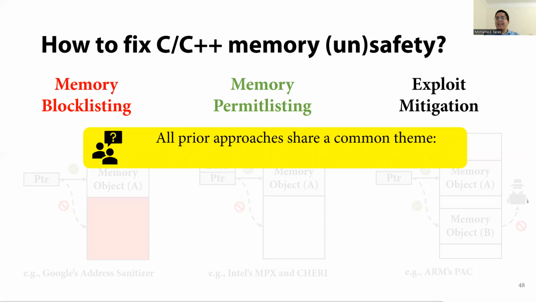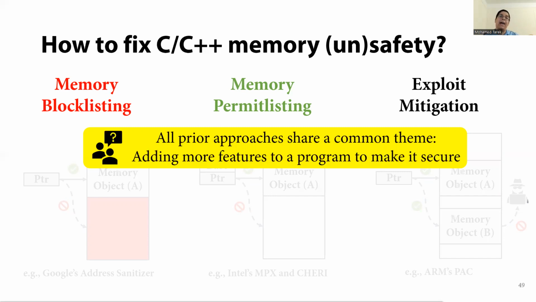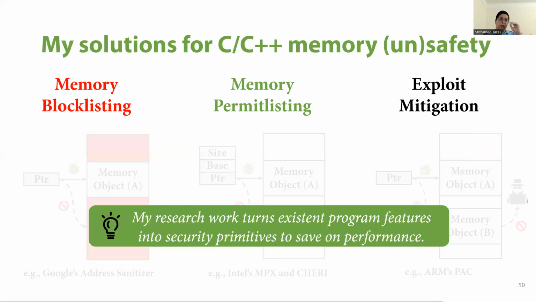While these three categories provide different security and performance guarantees, they all share one common theme. All of them add more features to a program to make it secure. In my PhD research work, I followed a quite different approach to achieve memory safety. My research focused on how to take advantage of existing program features and turn them into security primitives.